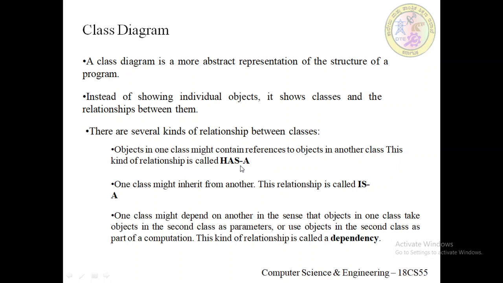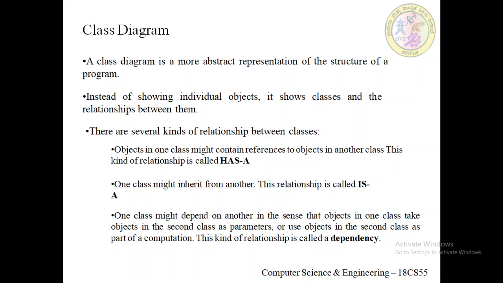That we call a has-a relationship. And one class might inherit from another, and this type of relationship we call an is-a relationship. Has-a means an object is being used in another class, and is-a means the classes have an inheritance relationship. So these are two types of relationships we can represent using the class diagram.